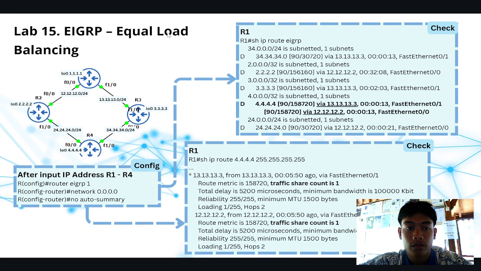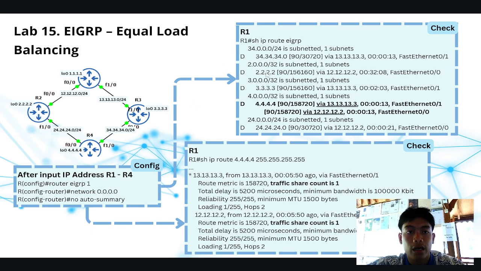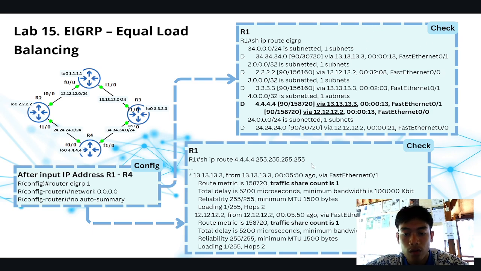Okay. And then next, EIGRP equal-cost load balancing. The topology has router 1, router 2, router 3, and router 4, with networks 1.1.1.1, 2.2.2.2, and 3.3.3.3.